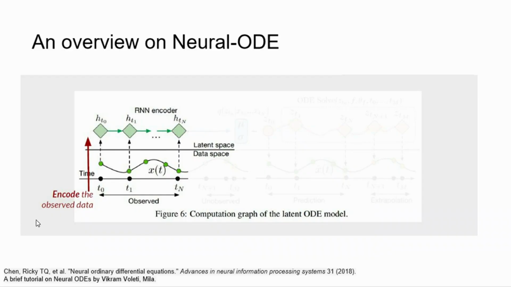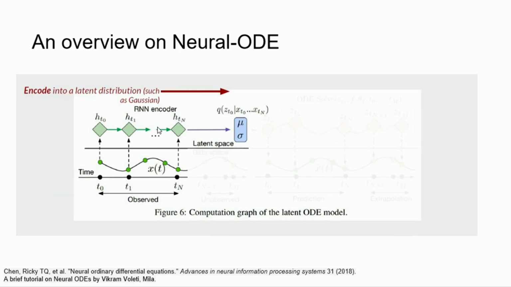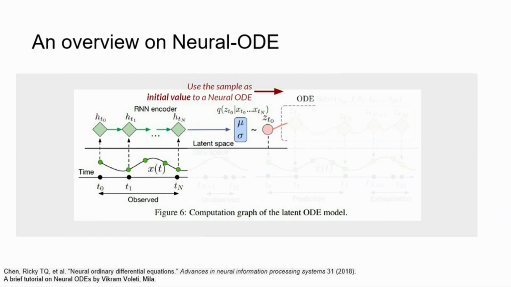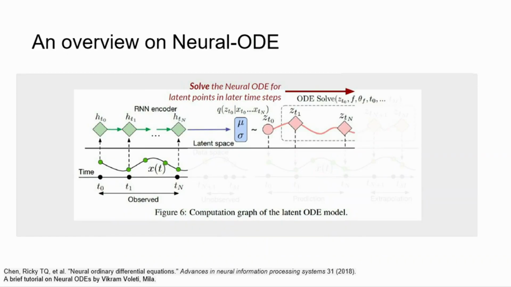When we have time series data, we can use an RNN encoder to encode it to the latent space, and then to a latent distribution. Out of this distribution, we can sample and set it as the initial value for a neural ODE. Then we solve the ODE, where the function is like a multi-layer perceptron, or it could be whatever.